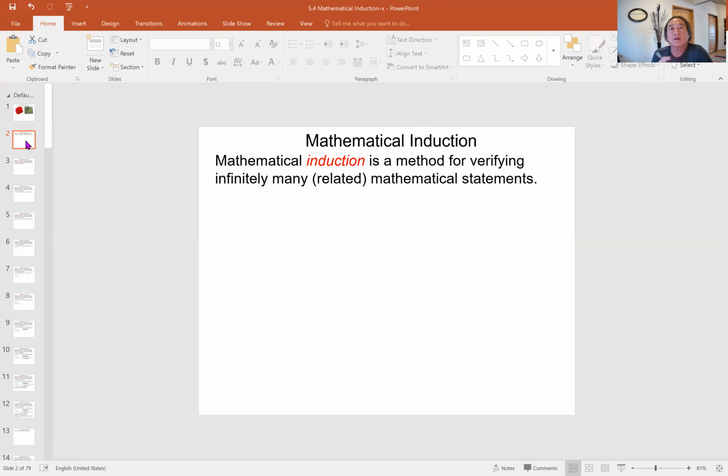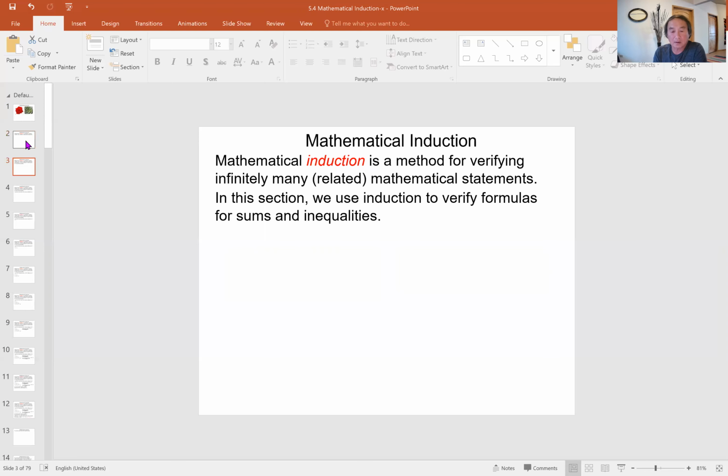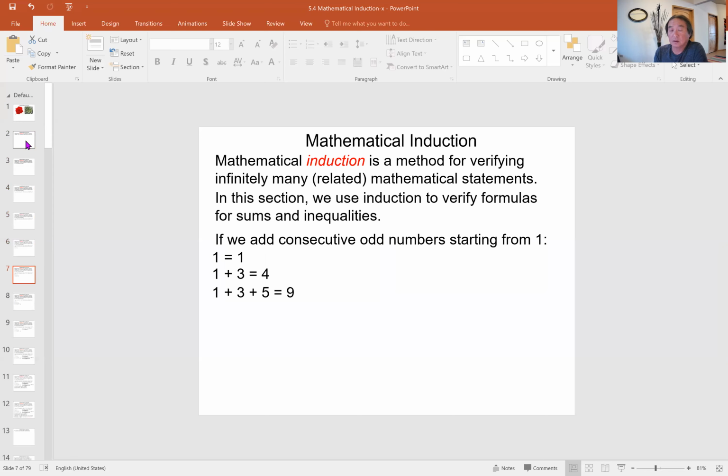Mathematical induction is a method we use to verify infinitely many statements. A lot of the time, these are formulas. Let me give you an analogy. Suppose I look at patterns of the following things. I start playing around with odd numbers: 1 equals 1, and adding the first two odd numbers, I get 4, which is 2 squared.